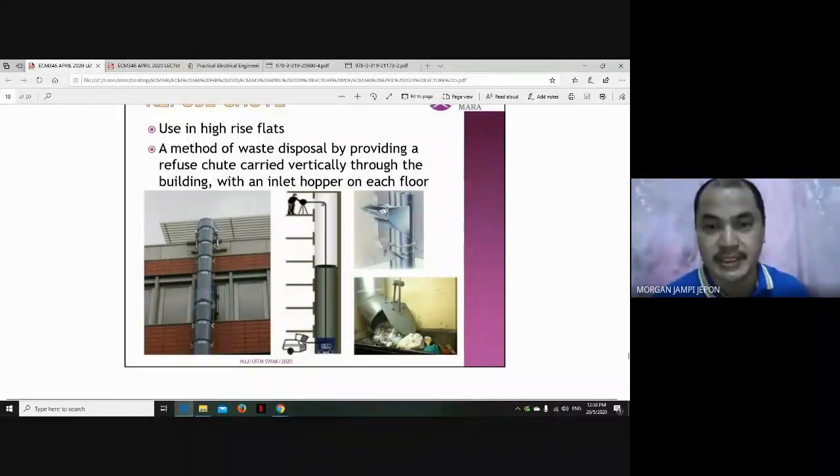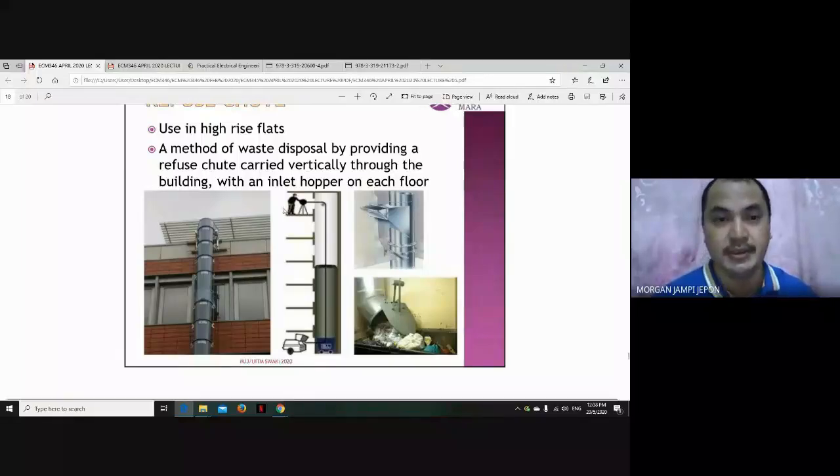They open this inlet hopper, place the rubbish inside, and the rubbish will fall down to the ground floor. On the ground floor, we place a big dustbin to collect all the rubbish. So you don't have to go up and down the stairs or use the lift to dispose of the rubbish. So this is the refuse chute.